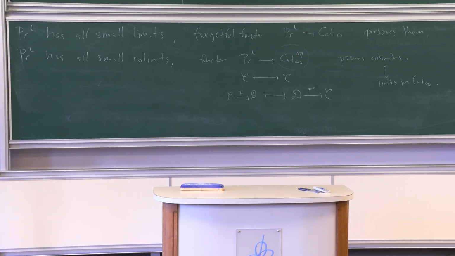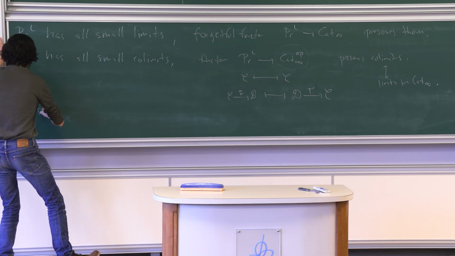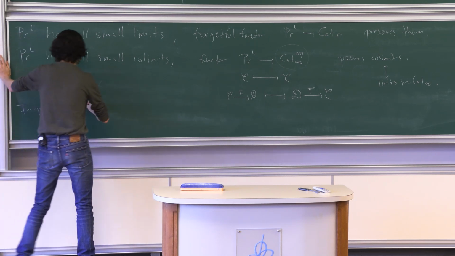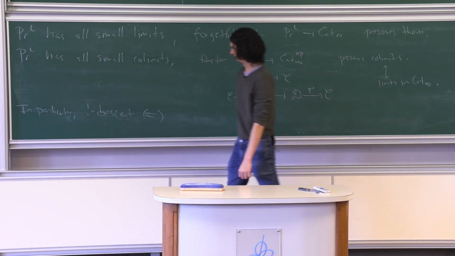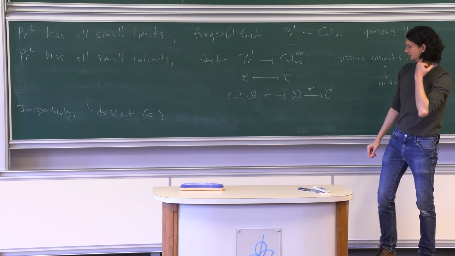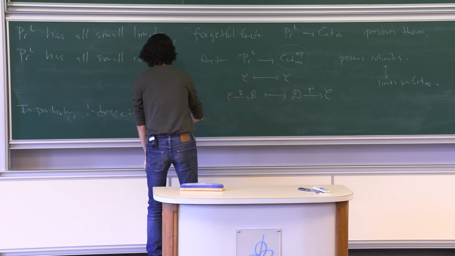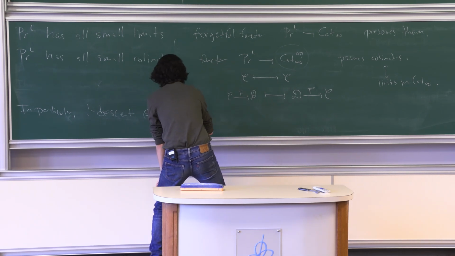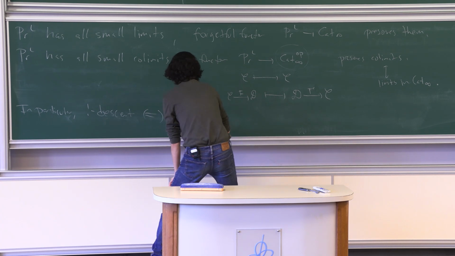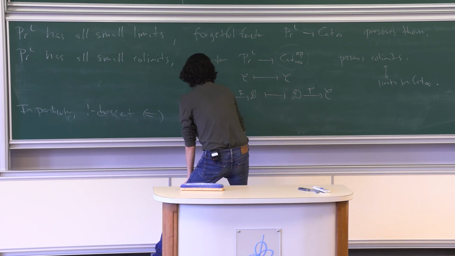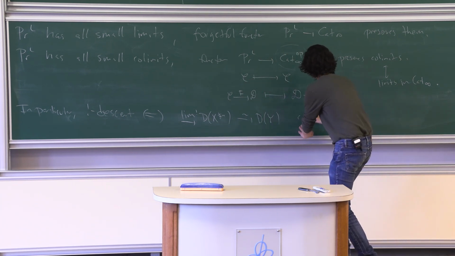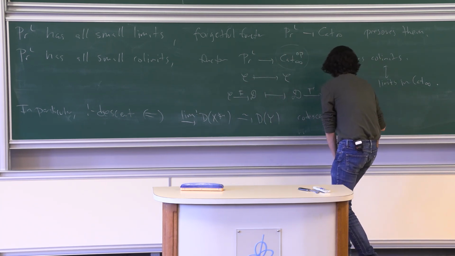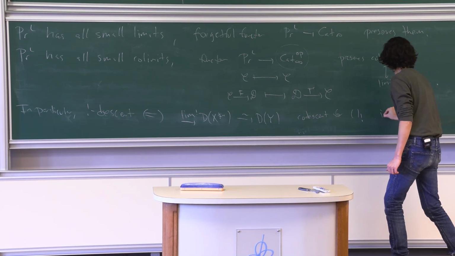So in particular, just to connect with what we had earlier, this weird-looking condition of Scheck descent that we had for Scheckable maps of affinoids is actually the same thing as codescent for the lower Scheck functors in PRL.